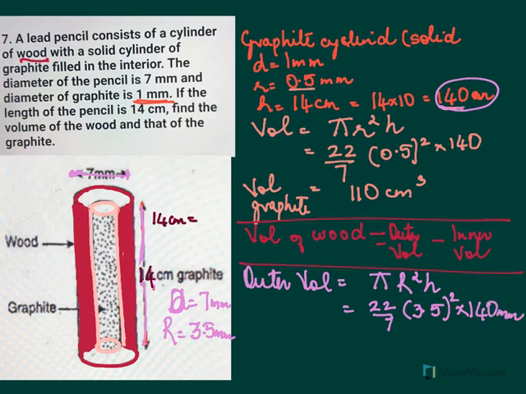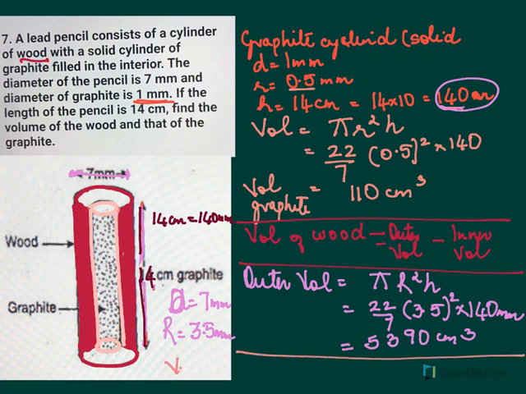Remember 14 centimeters is 140 millimeters. So you do this calculation and the answer for this comes as 5390 millimeter cube, not centimeter cube.